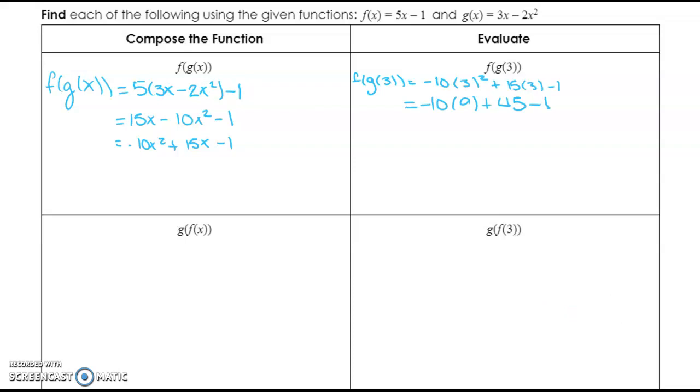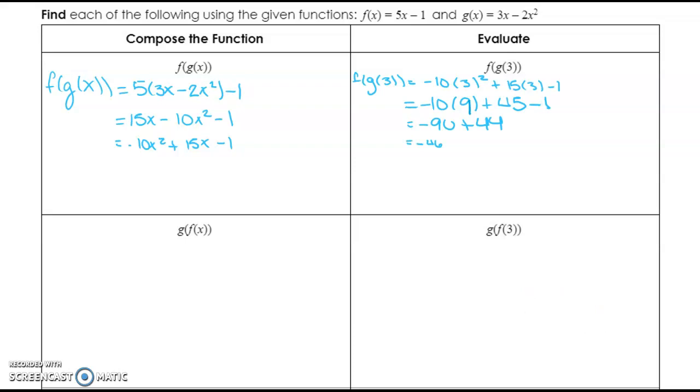Okay, so then evaluate it a little bit further, we will get negative 10 times 9 plus 45 minus 1. So then now if I were to multiply negative 10 times 9, I would get negative 90 plus 44, and then negative 90 plus 44 gives me negative 46.